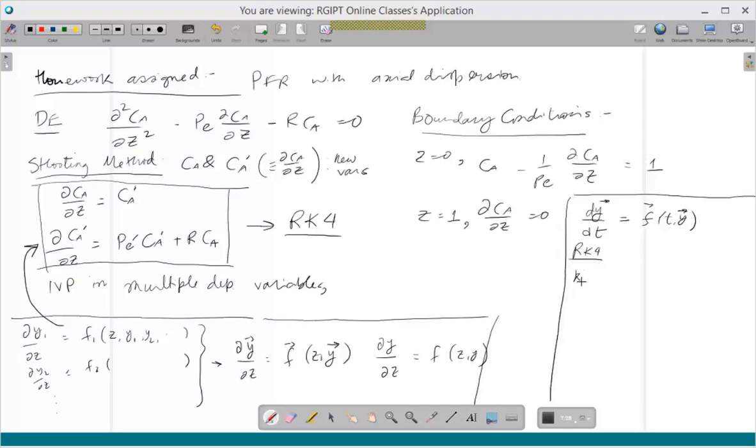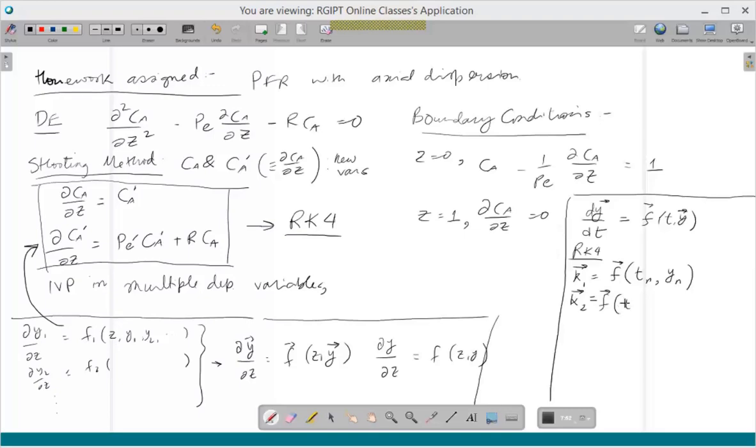You just say k1 vector is going to be equal to f at any... it's basically an iterative method. So at the nth step, you have to start with a guessed value, of course. The first step will be the 0th step, and at the nth step I calculate the next value of y by implementing these steps first.